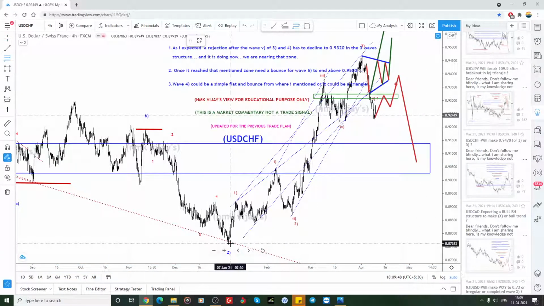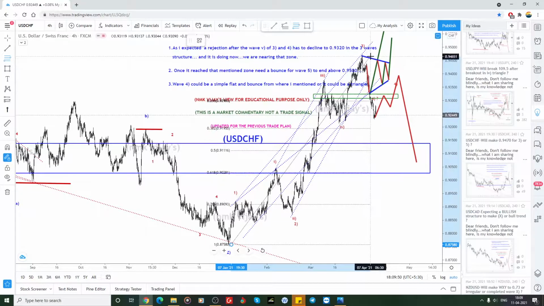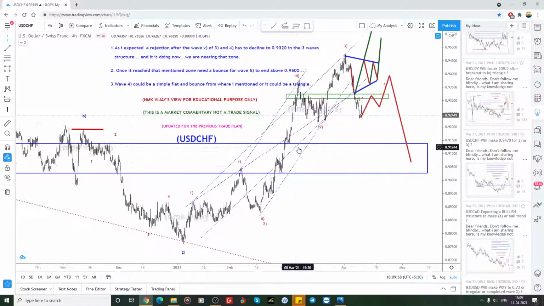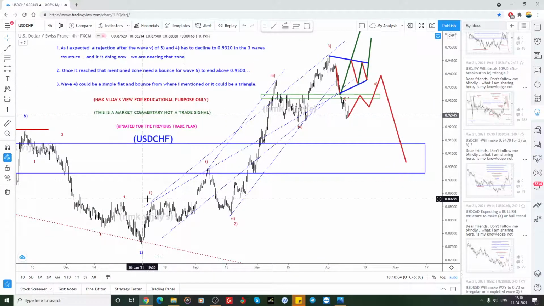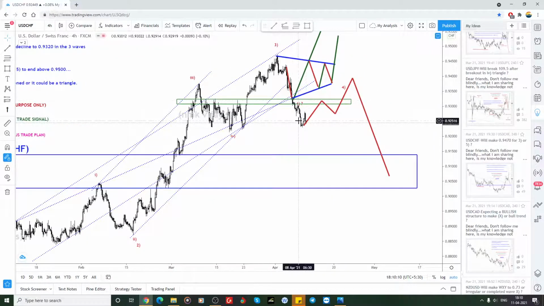So be cautious for this. Yeah, it's 9030, it's a 61.8 retest. So here I expected whether it is going to be a triangle if it bounced from here, because a lot of trend line channels are merging here, but it simply fell down.